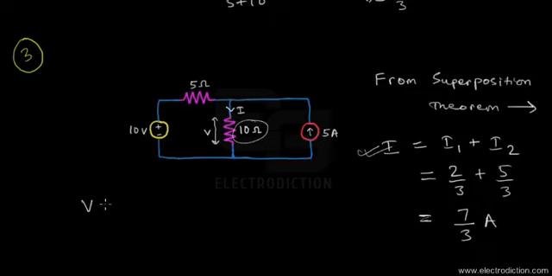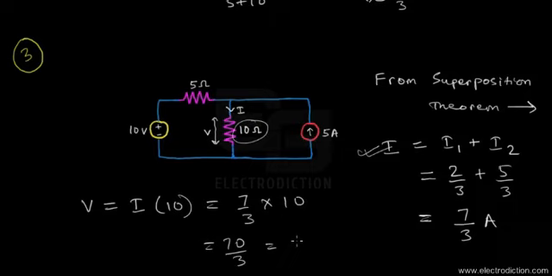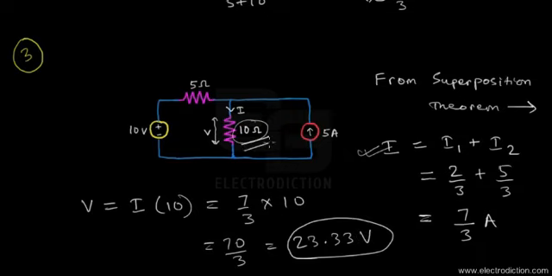The net voltage is the product of the net current I multiplied with this 10 ohm resistor. Putting in the value of I, we get 7 by 3 amps multiplied with 10, which gives about 70 by 3, or about 23.33 volts for the voltage drop across this 10 ohm resistor.